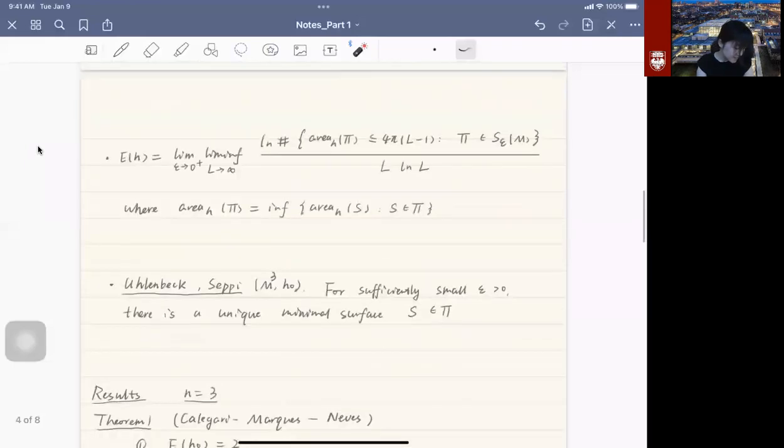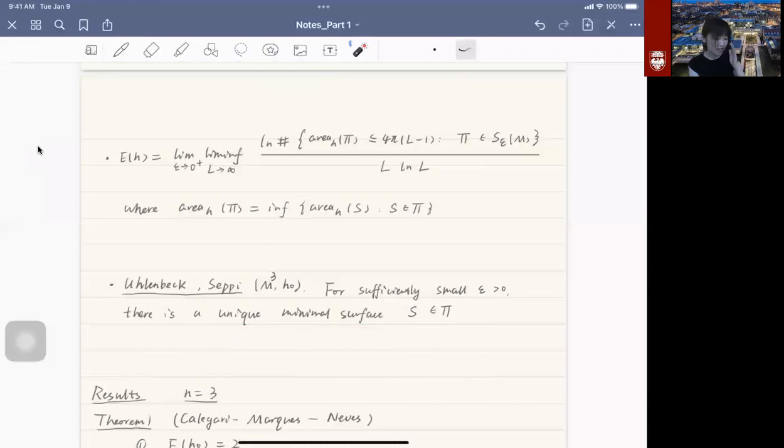And I also want to mention the uniqueness result proved by Uhlenbeck and Seppi separately, that when we have a closed hyperbolic 3-manifold, then if epsilon is taken to be small enough, in any homotopy class there's only one minimal surface.